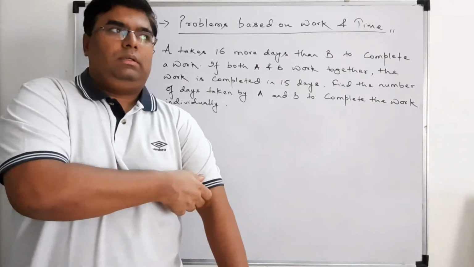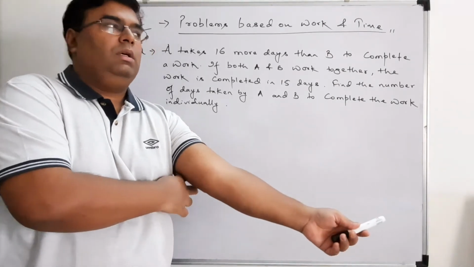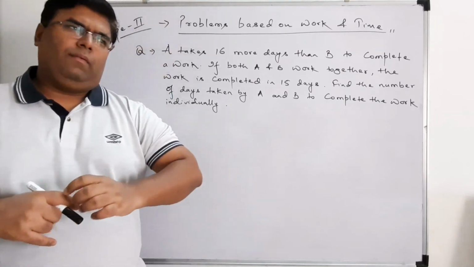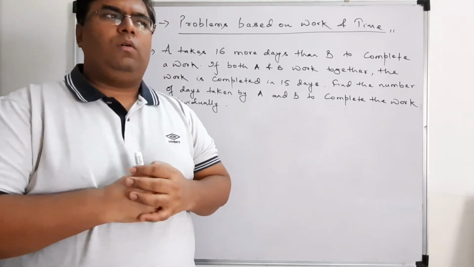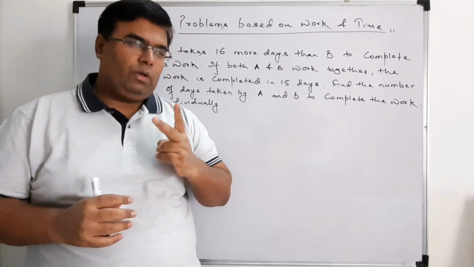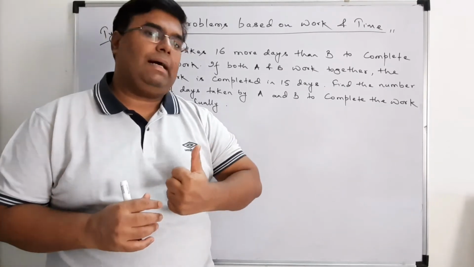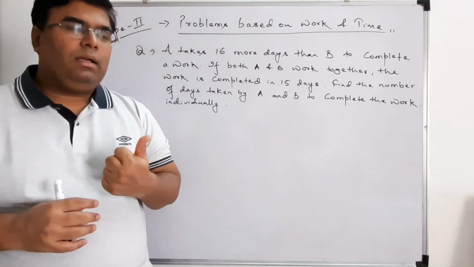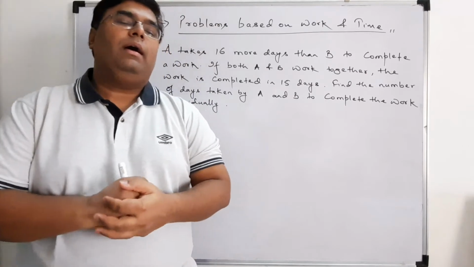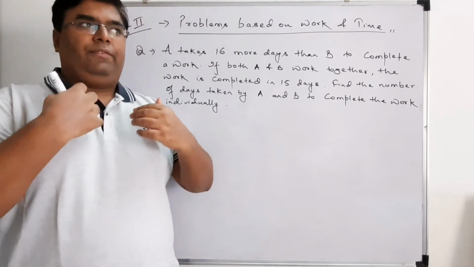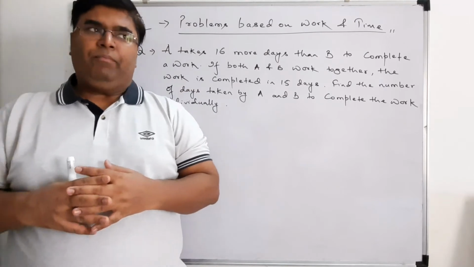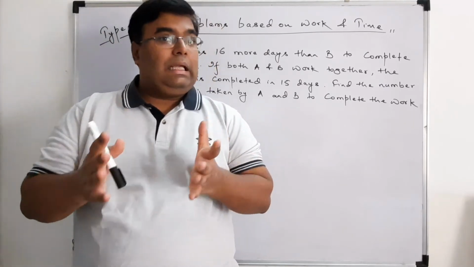Okay, let us solve the type 2 problems based on work and time. Whenever there is a problem which involves work and time, there are two things which we need to know. First is our assumption that every day the same work is going to be completed. For example, if I am able to do a work in 10 days, then every day I will do the same amount of work.